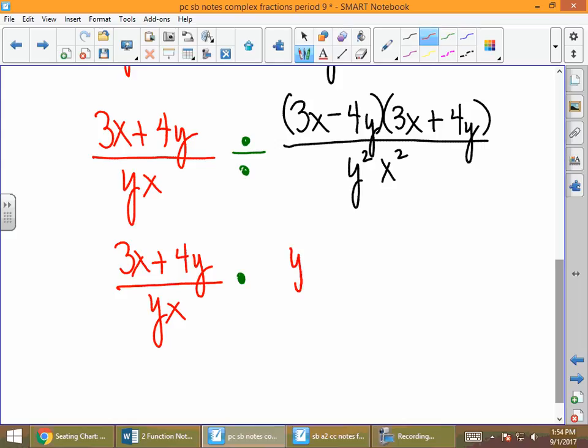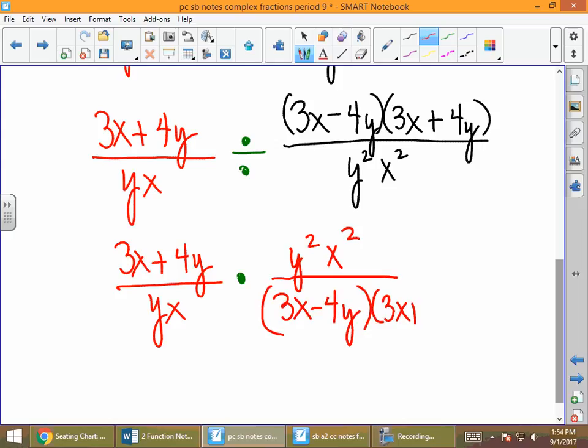And we've got y squared x squared. And then it's 3x minus 4y. 3x plus 4y. One more time. When dividing, don't ask why. Flip the second one and multiply. I should have written that fraction in black, but oh well.